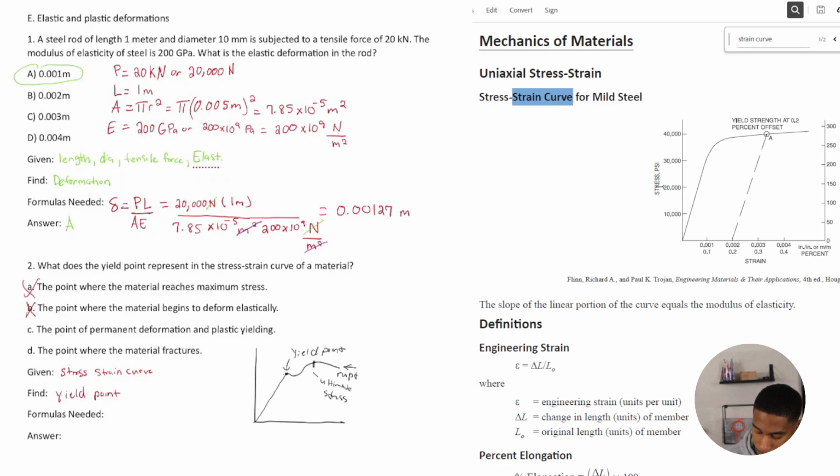So it's basically permanent, right? There's no return. Cannot get it back to its original shape. Okay, so that one is correct. And then D, the point where the material fractures. No, that's at the rupture point. So answer is C.